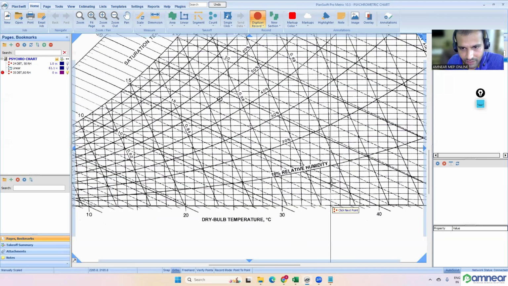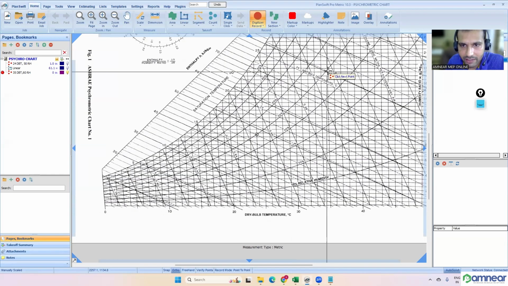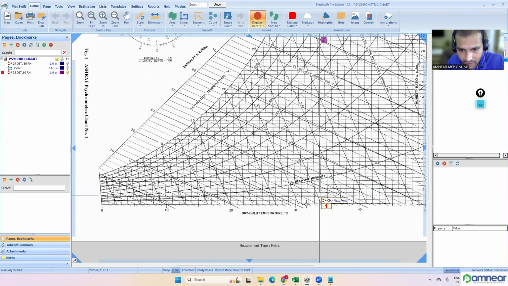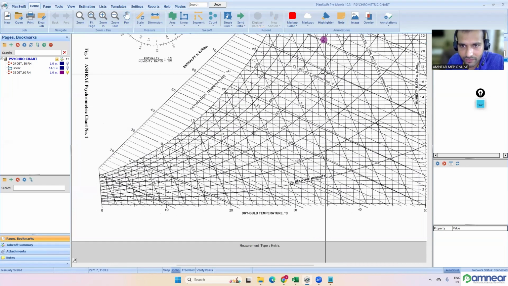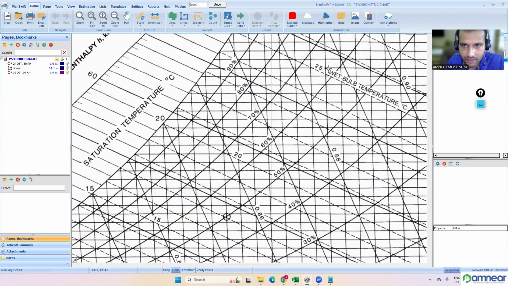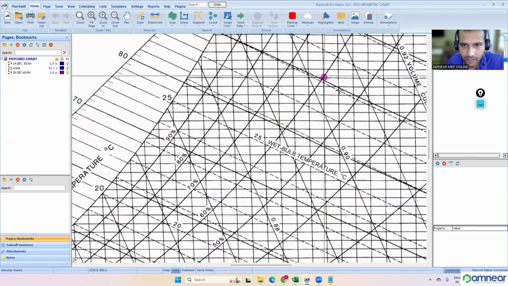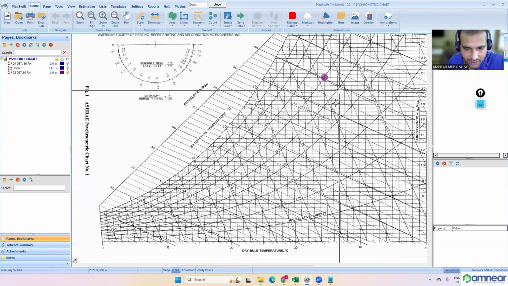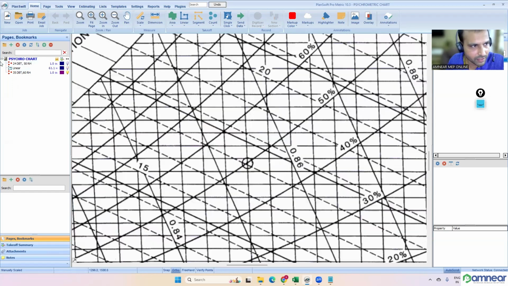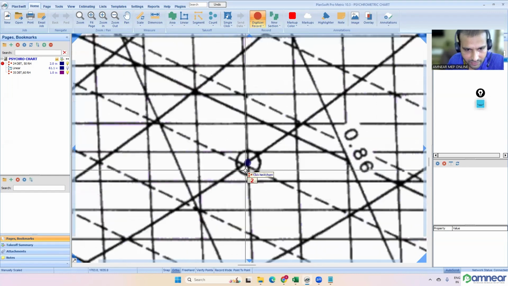This is the 35 line, and this is 60% relative humidity. That's a point. And what is the indoor condition? 24 and 50. You can see the alignment circle. 24 degrees Celsius dry bulb temperature and 50% relative humidity. So this is our indoor condition.